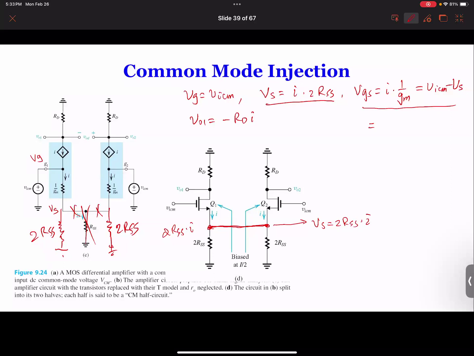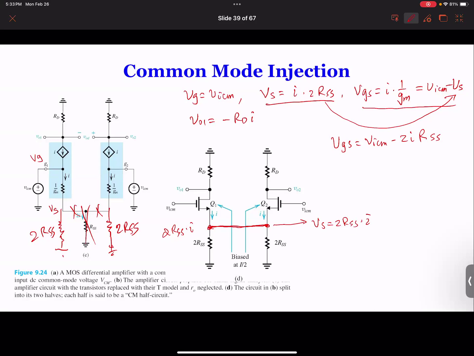So it's going to be VICM minus, let me do it this way. I'm going to plug in this VS over here. So I get VGS equal to VICM minus 2I times RSS.